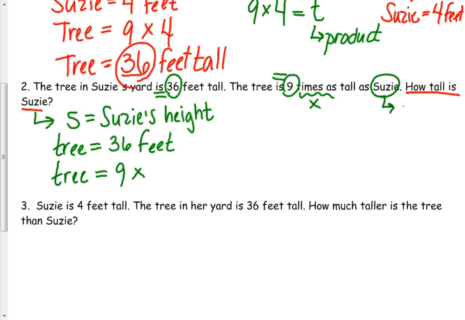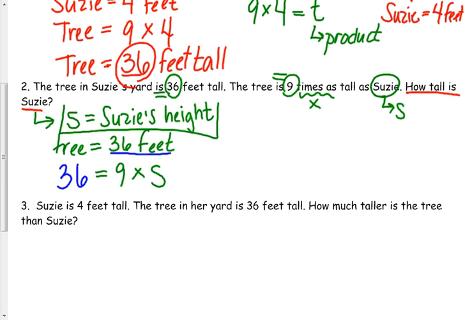So we're going to use the letter S, as we already showed we were going to do. 9 times S. Now we can replace the word tree with the number 36 because we know the tree is 36 feet tall. So I'm going to put 36.